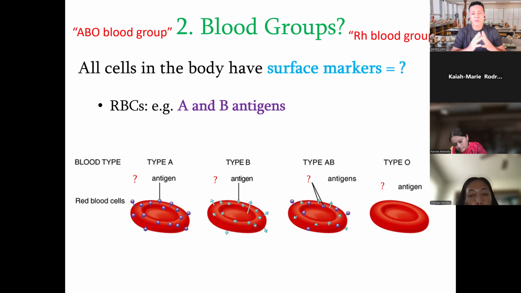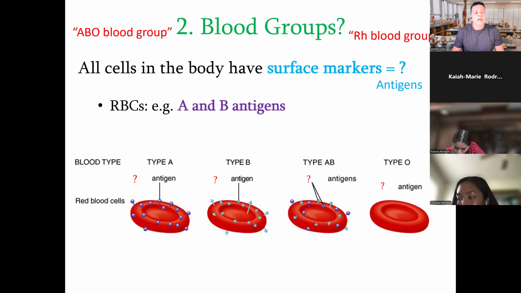Second, when we talk about blood group type, we are specifically talking about the presence or absence of specific surface markers on the surface of the red blood cell. Now, another name for surface markers is antigens. So antigens or surface markers mean the same thing.